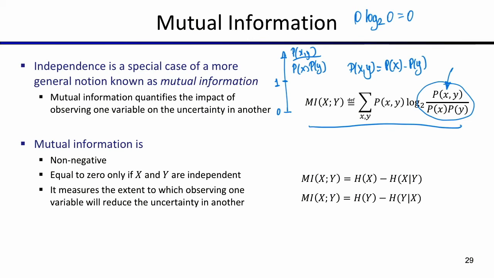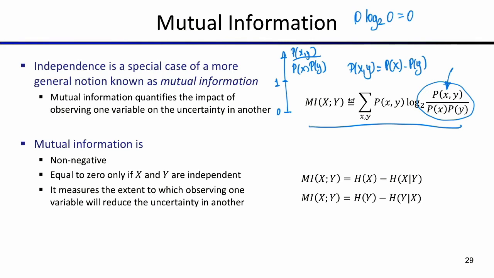So in some way we are measuring the dependency between these two variables x and y by looking at a full spectrum of possible values, from mutually exclusive events, going through independence, going through something that is a stronger dependence.